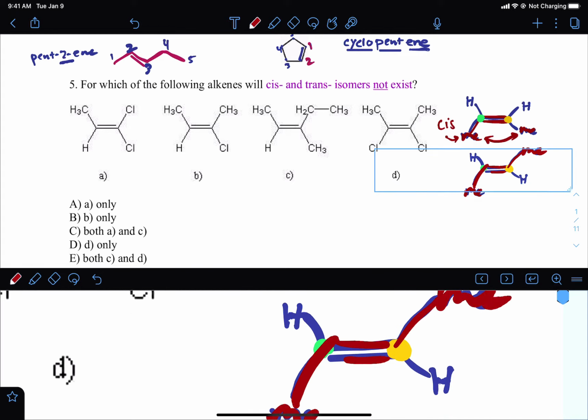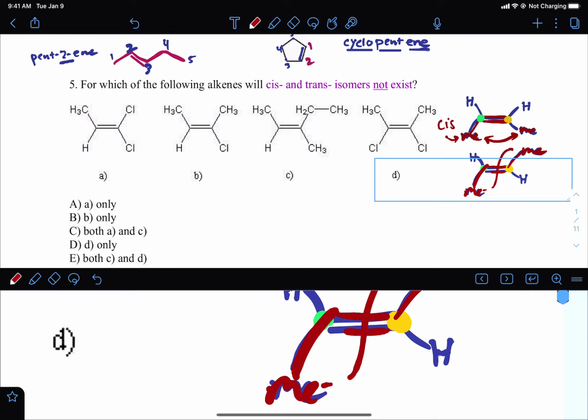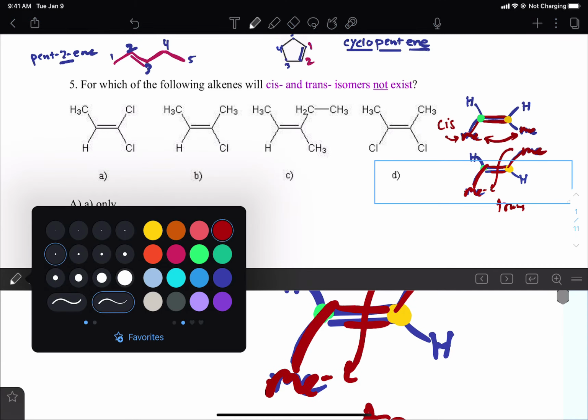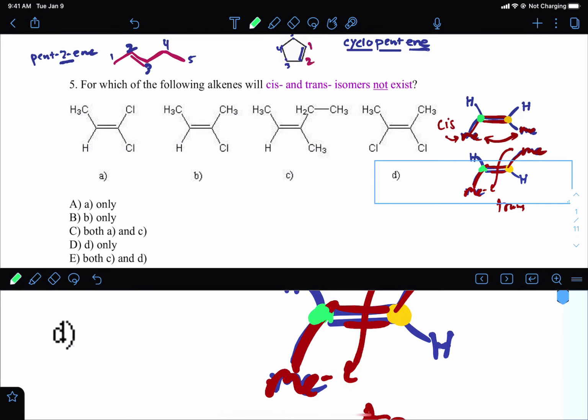Okay, it's across the double bond. That's called trans. And again, it's locked in that position. Okay, so in order to have a cis and trans option, which we call isomers, these are isomers because they're different structures. They're different molecules. They can't interconvert, because they're locked. That rotation is locked. You have to have dissimilar groups on the green carbon and on the yellow carbon.